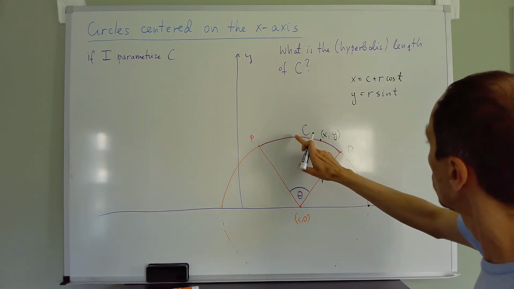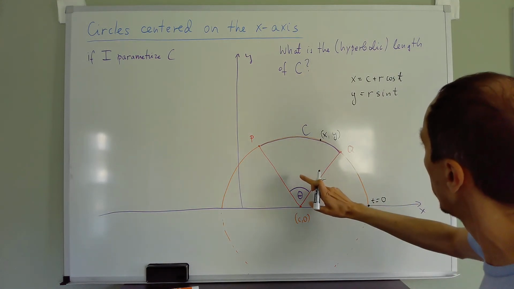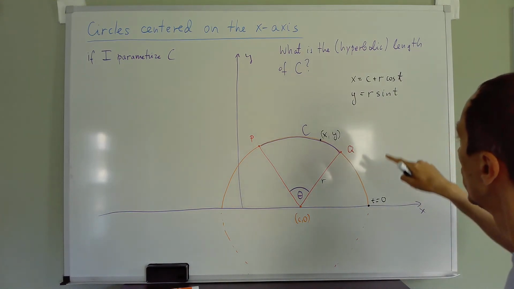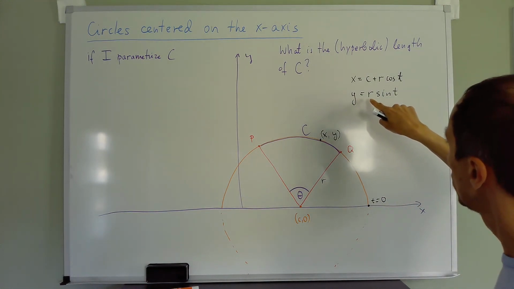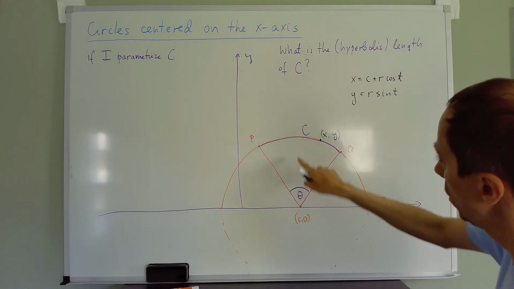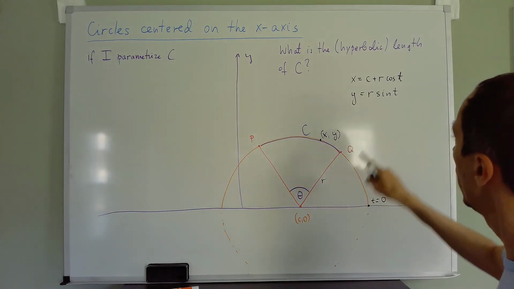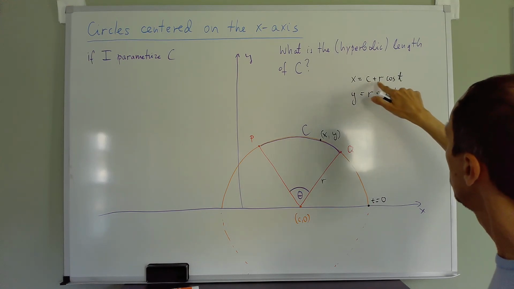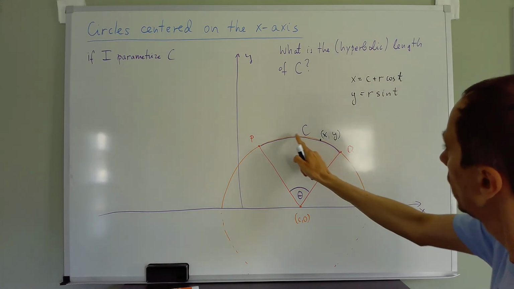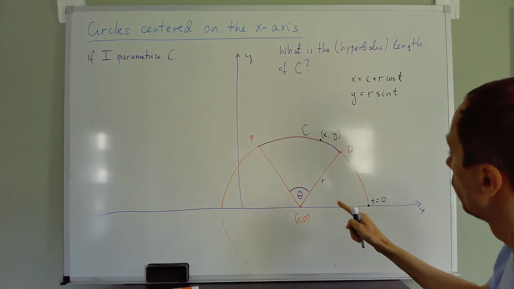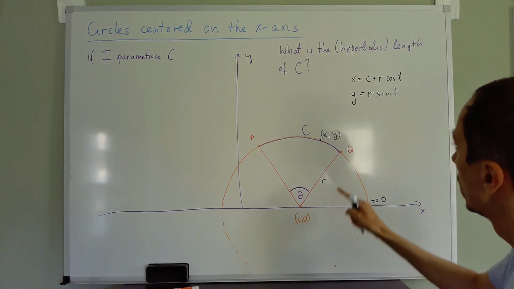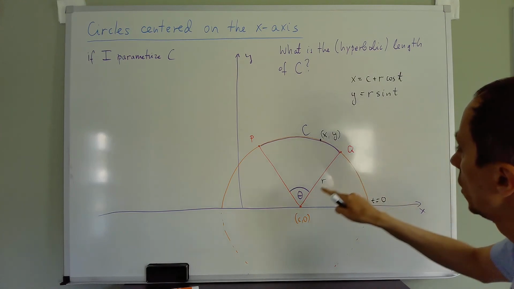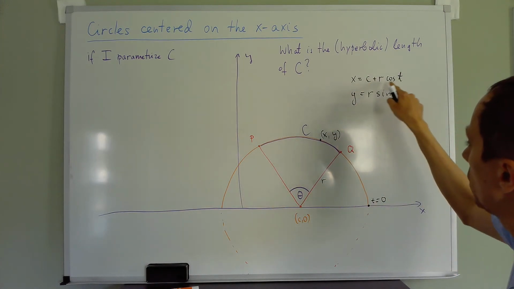The point at the top would be when t is equal to pi halves, then y is equal to r, and x would be equal to c plus 0, so c. And finally, going in the other direction, when t is equal to pi, then y is again equal to 0, and x is equal to c minus r.